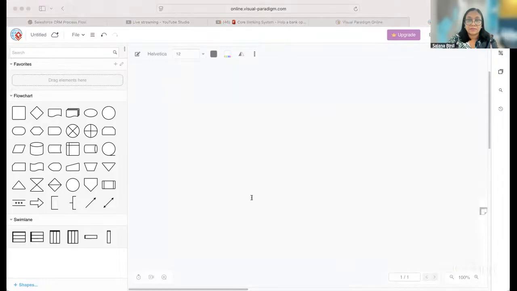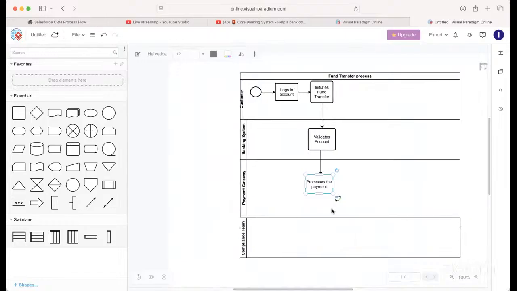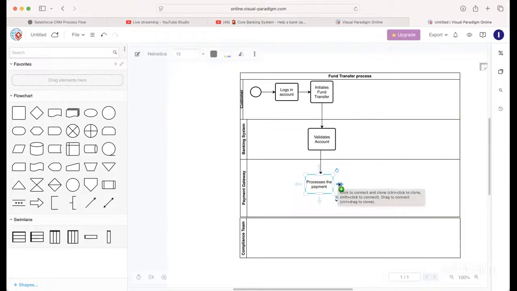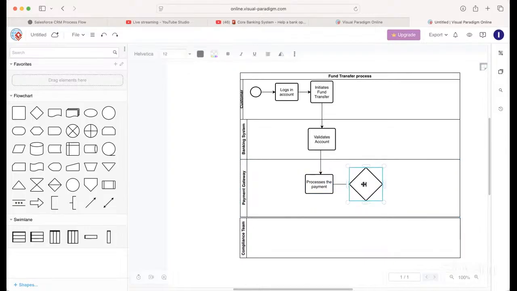What else? Funds are settled. Processes, then confirms. Now, when the payment gateway processes the payment, it can either decline or accept the payment depending on, let's say, funds or security.